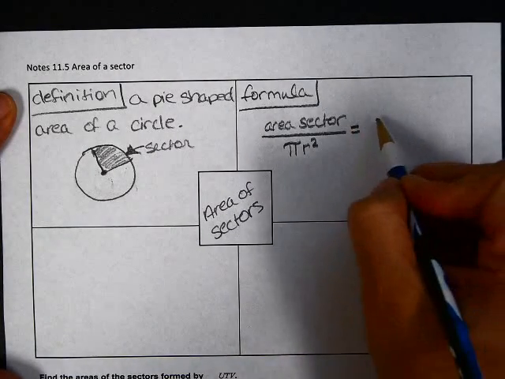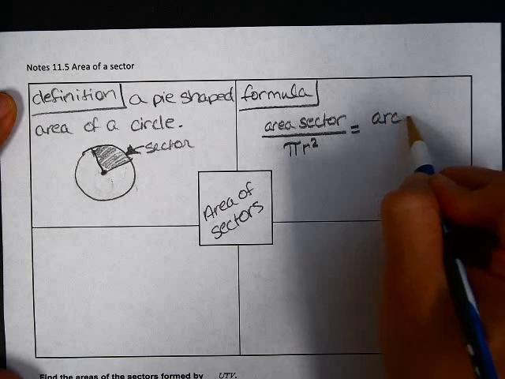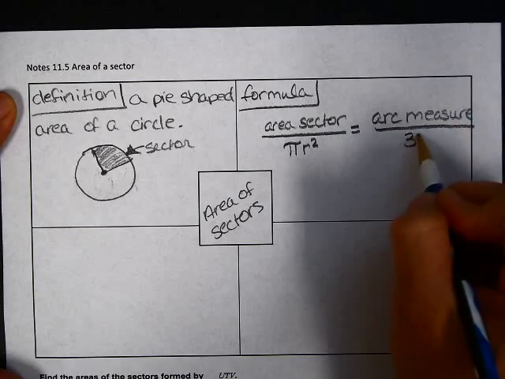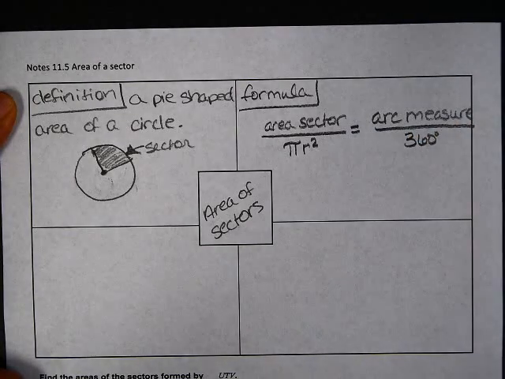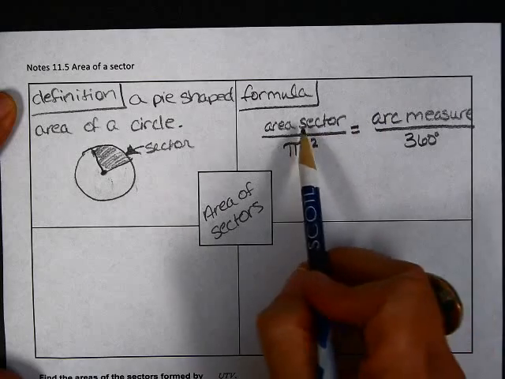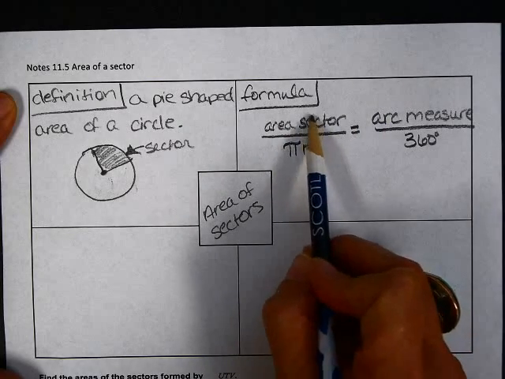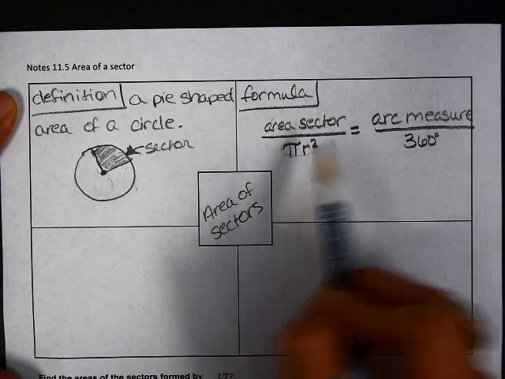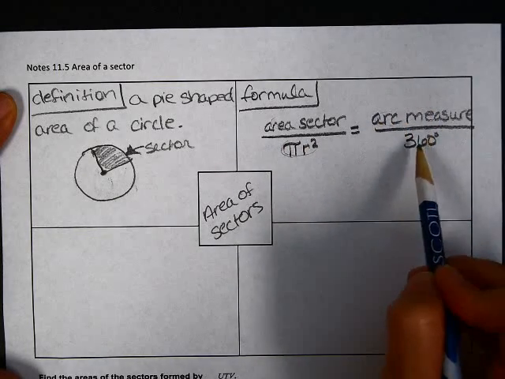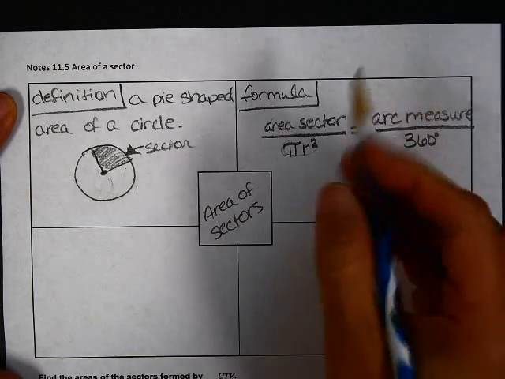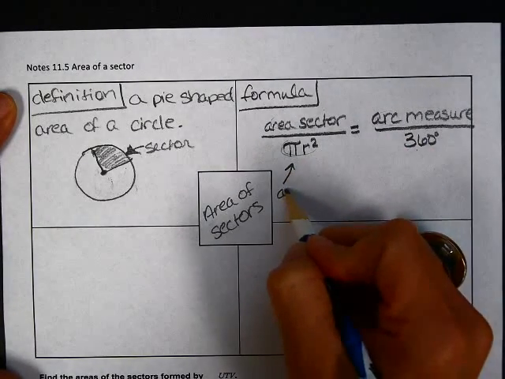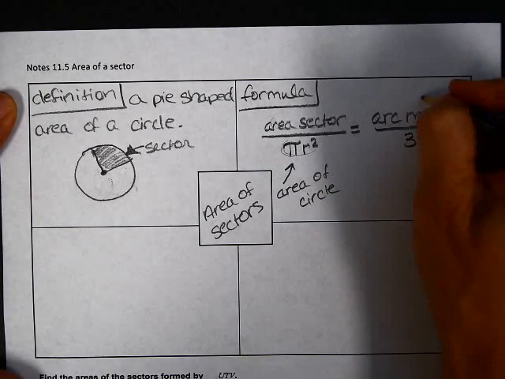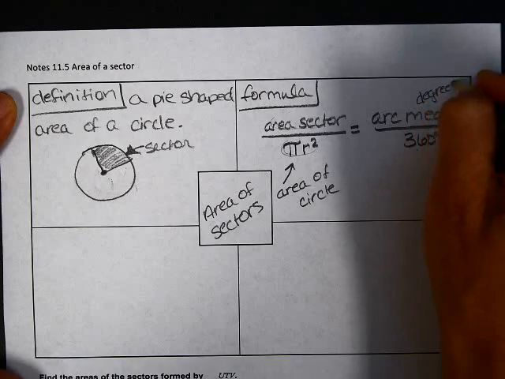And that is equal to the arc measure divided by 360. So again, a proportionate ratio, but this has to do with area, so the pie-shaped section is to the entire area of the circle as the measure of the arc is to the measure of the entire circle. So let's put an arrow right here and write area of circle, and arc measure, again, is always in degrees.